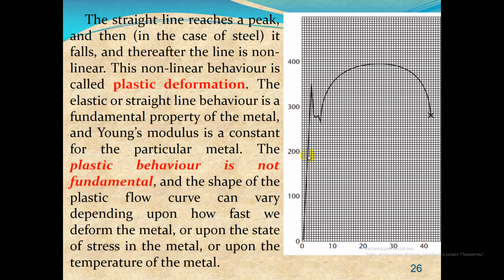The plastic behavior is not fundamental, and the shape of the plastic flow curve can vary depending upon how fast we deform the metal, or upon the state of stress in the metal, or upon the temperature of the metal.